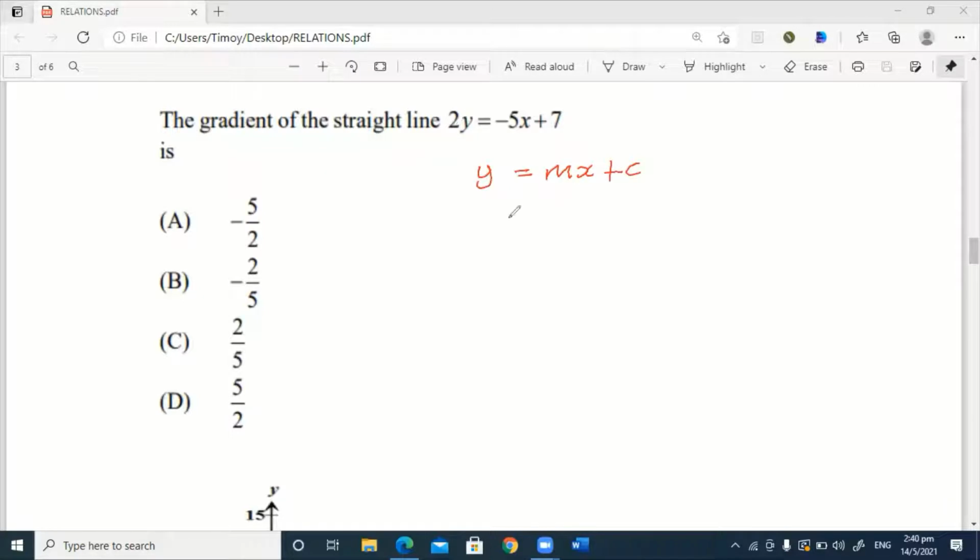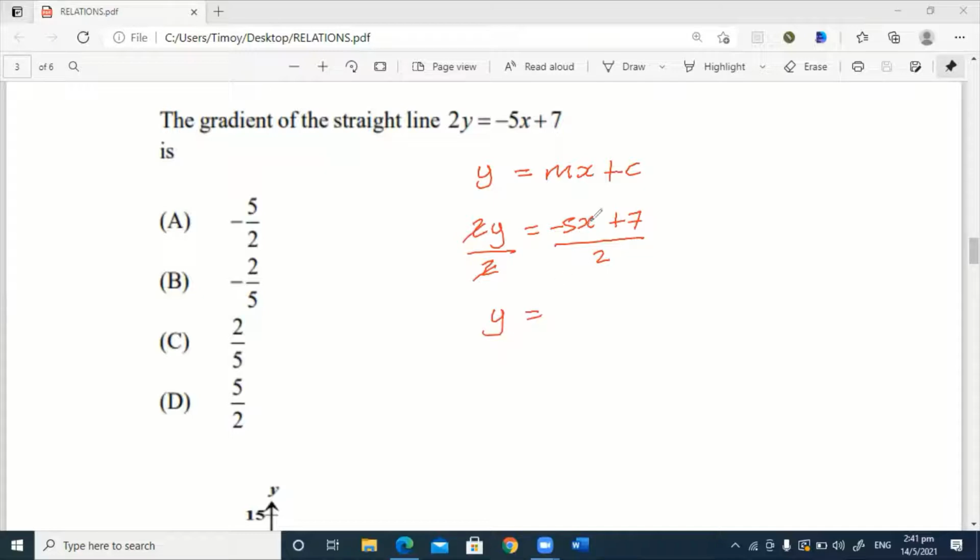So this is the form that they give us, which is 2y is equal to minus 5x plus 7. How can we get this equation into that form? We can just divide both sides by 2. So if we divide this side by 2 and divide this side by 2, then you can see that 2 will cancel out 2. That leaves us with y.